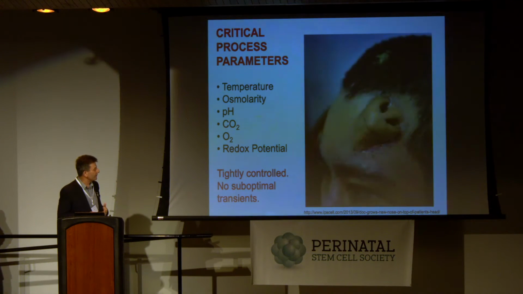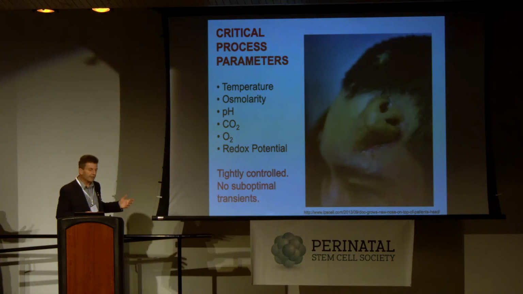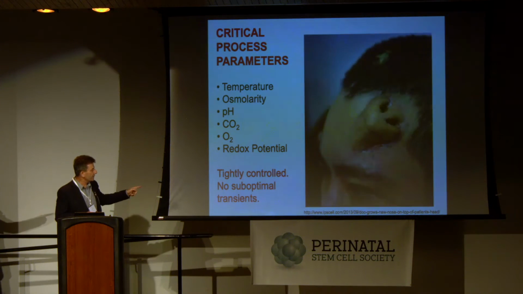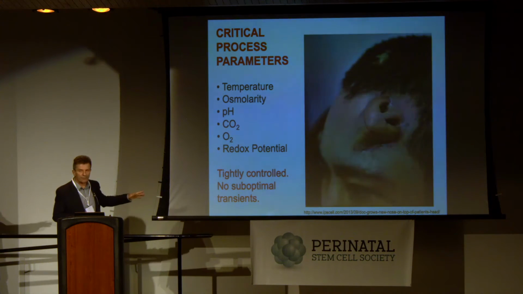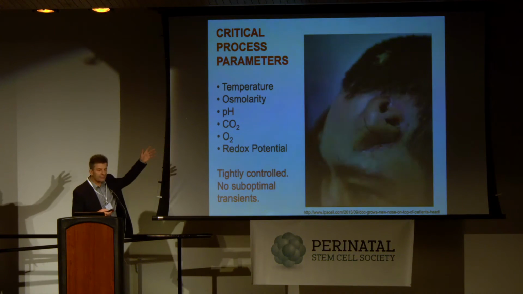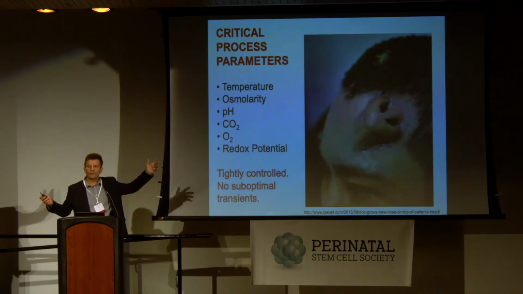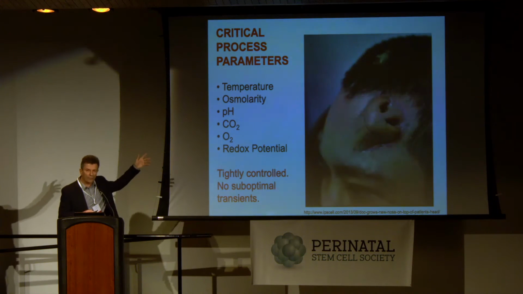But that's basically what I want to talk to you a little bit about, and hopefully give you some insight into maybe improving things. I'm using the term suboptimal transients to illustrate a real simple point. When you have optimal conditions, and I'm just going to deal with these simple little critical process parameters, there are many others, obviously, but these are always involved.